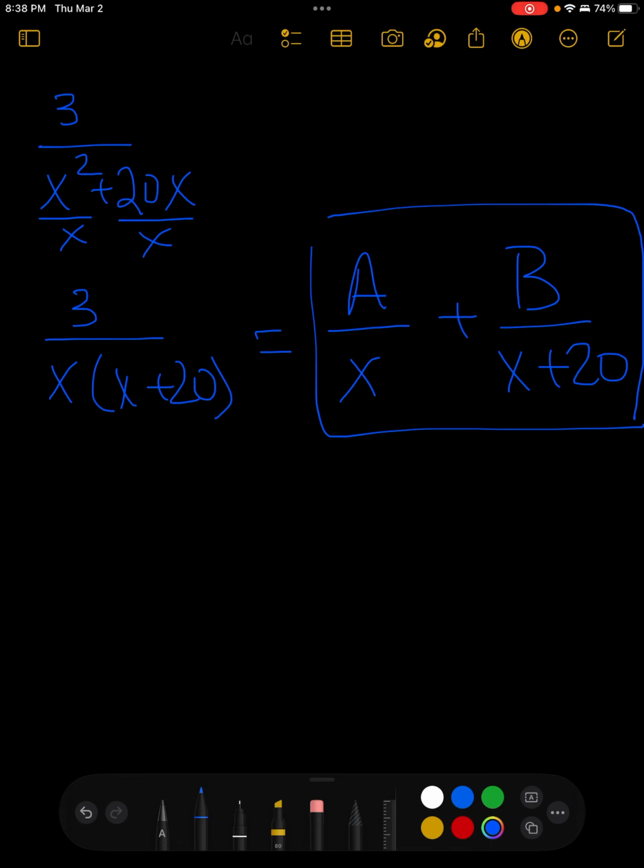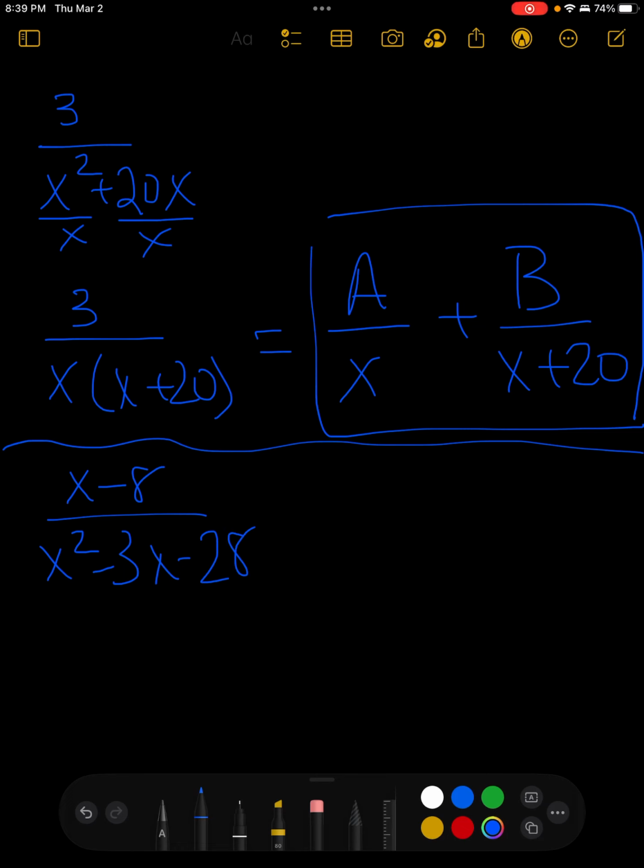The next problem I gave you was 140. So for that problem, you have x minus 8 over x squared minus 3x minus 28. And again, the directions were the same. You first start by factoring the denominator.